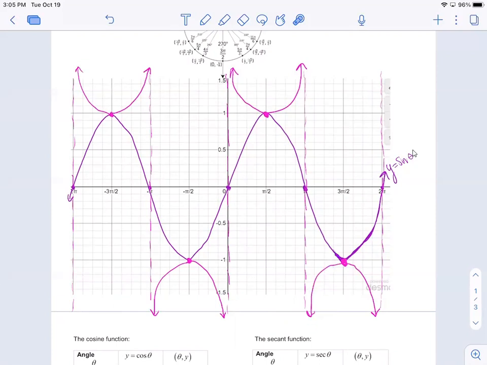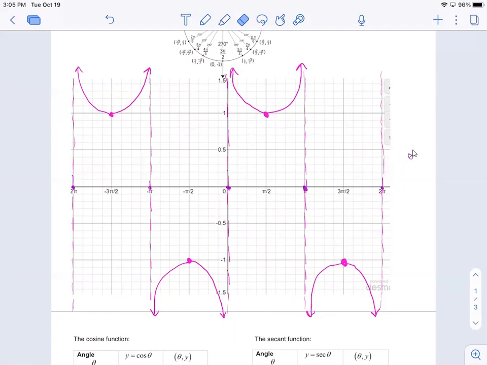To be clear, I used that sine wave to see what the cosecant function looks like. I'm going to take away that sine wave because I want you to realize that graph right there is the cosecant function. So again, the cosecant function is the reciprocal of sine, and that is how we came up with this graph.